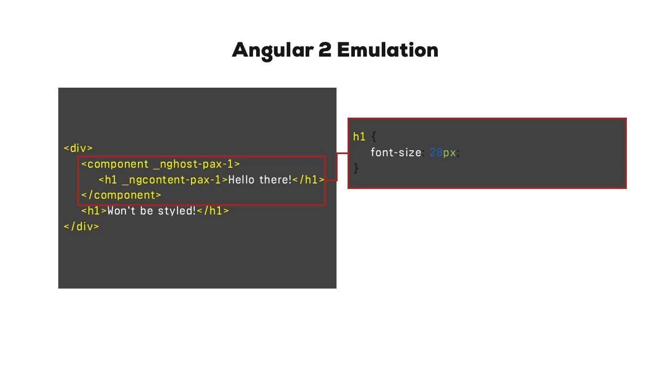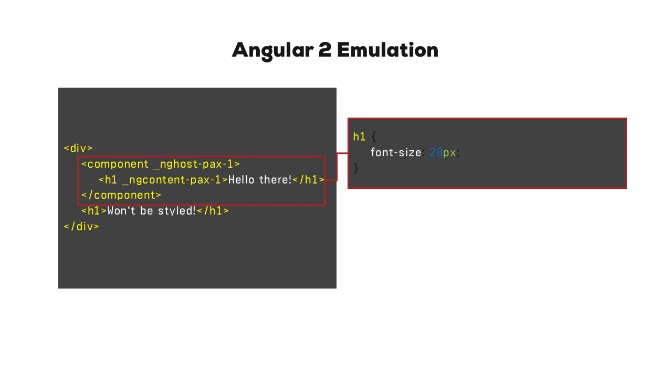So the emulation Angular 2 adds looks like this. We have a component which has its own shadow DOM behind the scenes, but we're not using the actual shadow DOM. Instead, what Angular 2 is doing is it adds this cryptic attribute to it, which of course isn't a default HTML attribute.